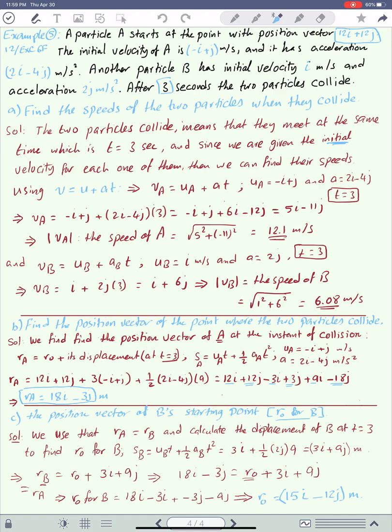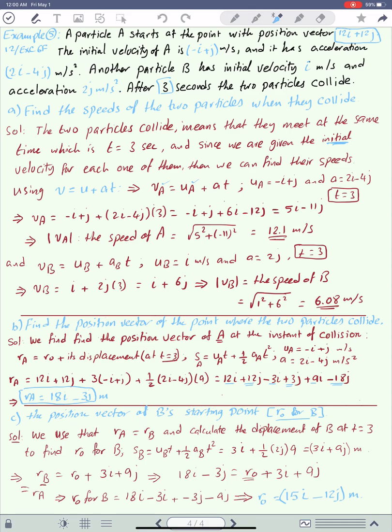Dear M1 students, the students who do resits or have older friends or brothers or relatives, they know this fact. We may get a low grade in M1 exams for inconvenience. So don't confuse yourself. When you are writing for particle A, write VA, it is better. VA equals UA plus AT.